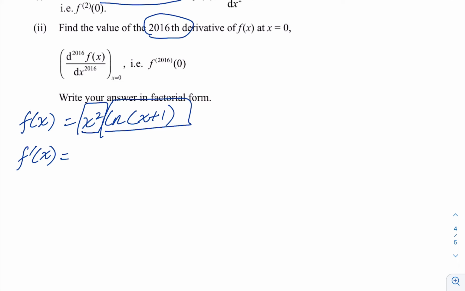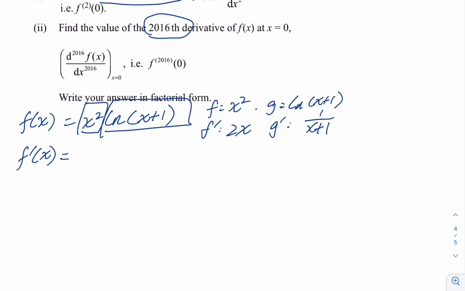So, f is x squared, g is ln(x plus 1), f dash is 2x, and g dash is 1 over x plus 1. Because the derivative of x plus 1 is 1, so we just ignore the 1.